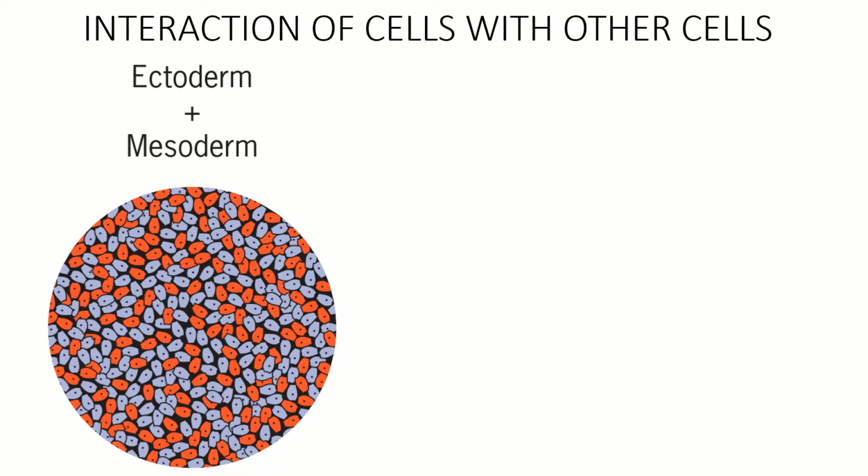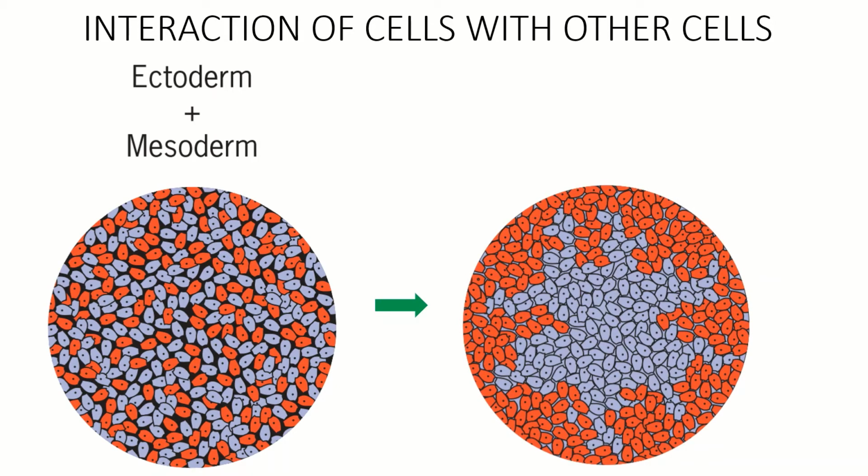So here we have an illustration of two types of cells, from the ectoderm and from the mesoderm, color-coded red and purple. And they are mixed homogeneously in this particular scenario. After some time, we notice how the cells from the ectoderm, the ones in red, aggregate themselves on the outer layers of this ball shape, and the mesoderm cells are now confined in the center portion.